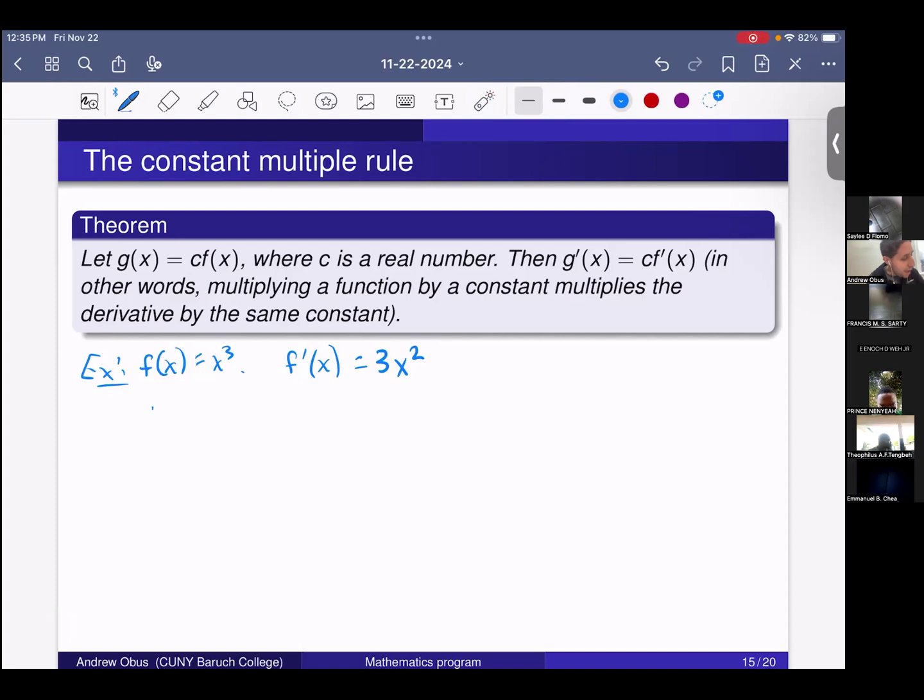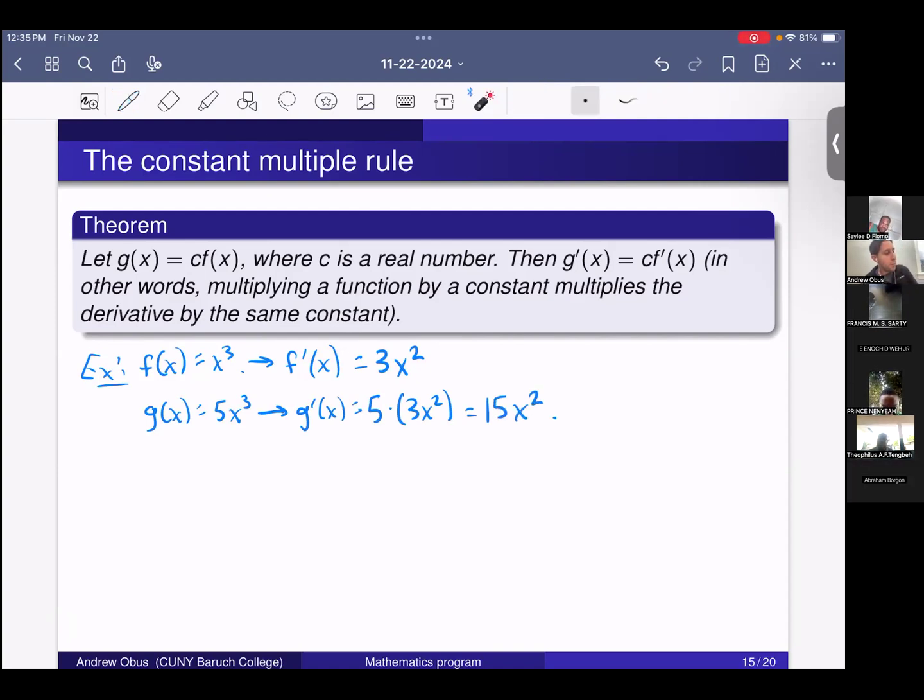If instead g of x is equal to 5x cubed, so I multiply the function by 5, then the derivative should also get multiplied by 5. So if the derivative of x cubed is 3x squared, then the derivative of 5x cubed, g prime of x, should be equal to 5 times 3x squared, or in other words, 15x squared.